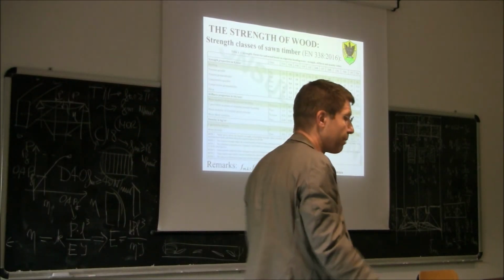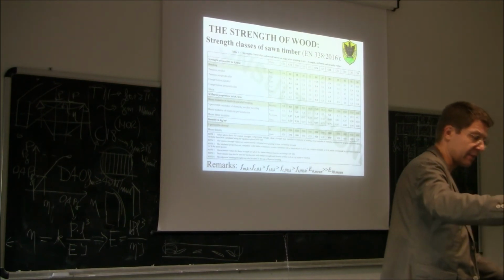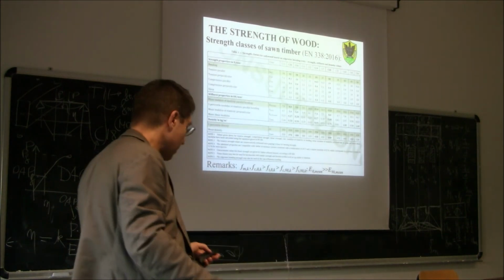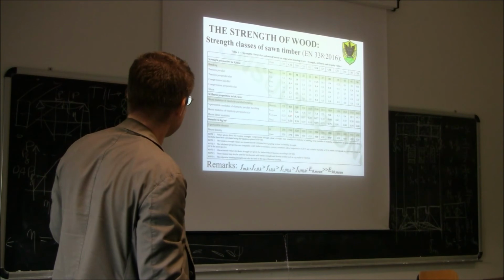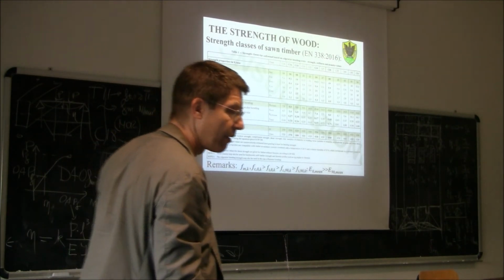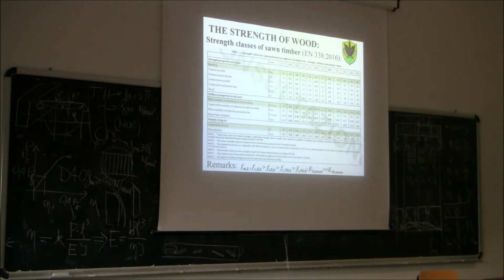The density is measured by basically weighing the timber beam and dividing by the volume. So we have three values: bending strength, module of elasticity, and density. All the other values that you see in this table are calculated using empirical relationships, not by us, but by whoever wrote this code, based on these values that I said before.